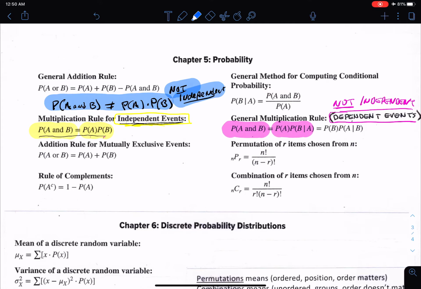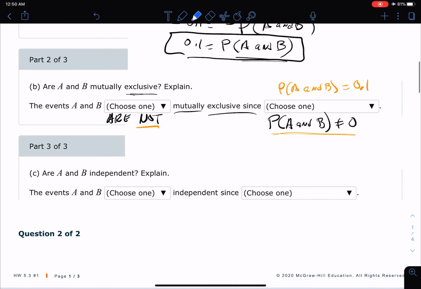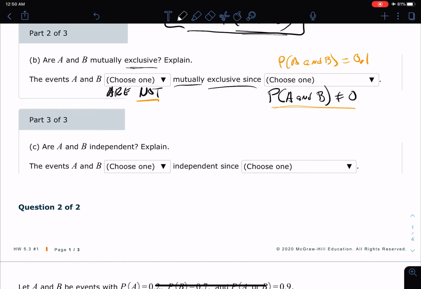Let's take a look. Where's my problem? Here we are. So what we need to do is take a look at the probability of A and B, and we want to compare that.